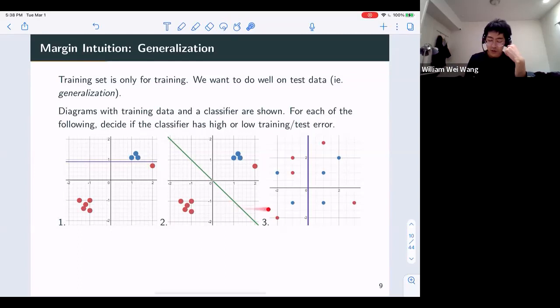So I have another poll question here for you. For each of these three diagrams, you have training data, you fit a classifier, and you obtained these lines. You want to know which one of these will have high training error or test error, versus low training error or low test error. You should make your reasoning given what I said about margin and so on. So I am sending this link. Now this is the poll in the chat.